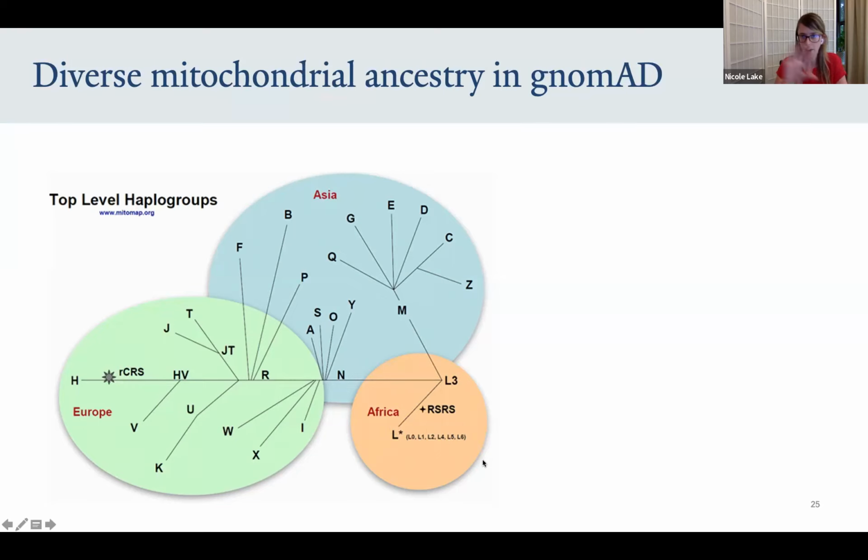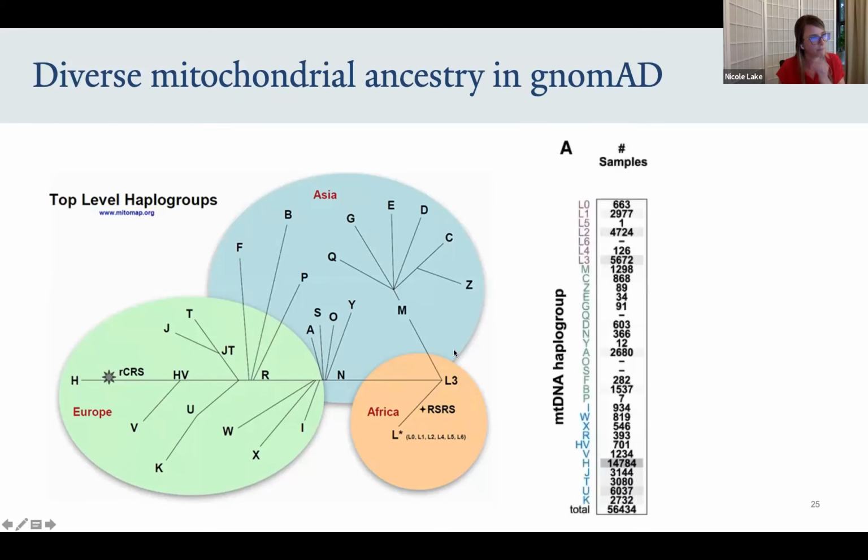But they can broadly be categorized into being of African, Asian, or European ancestry. And so when we looked across gnomAD, we saw that we had quite good coverage across mitochondrial haplogroups and ancestries. We were missing a couple, but we had nearly all represented.